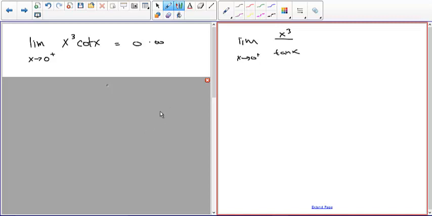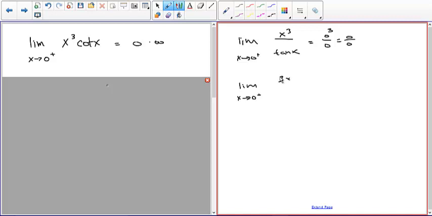Now I can apply L'Hopital's rule. In this case, we get 0 over 0 because the tangent of 0 is 0. So you get 0 cubed over 0, which is 0 over 0. So it's indeterminate in the normal form that we're looking at. So we take the derivative, and let's see what happens.